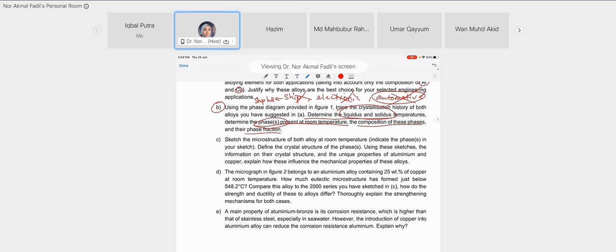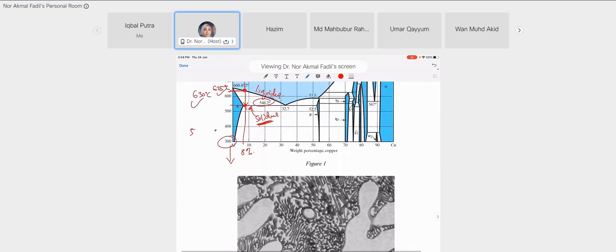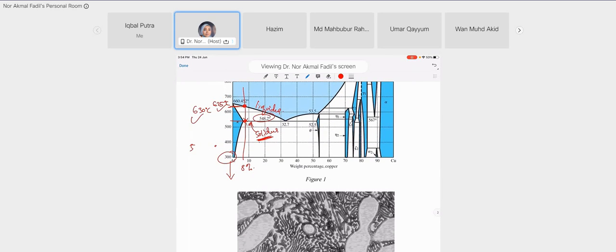The composition of these phases and their phase fractions. This one also means at room temperature. So the composition of these phases at room temperature for this alloy.